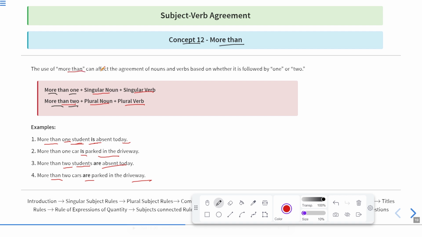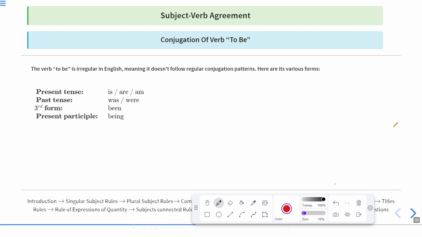The use of "more than" can affect the agreement of nouns and verbs based on whether it is followed by one or two. Okay. Now let us move to the next one. I hope this much is clear to you all. Now, these were the rules of subject-verb agreement that we have already discussed.